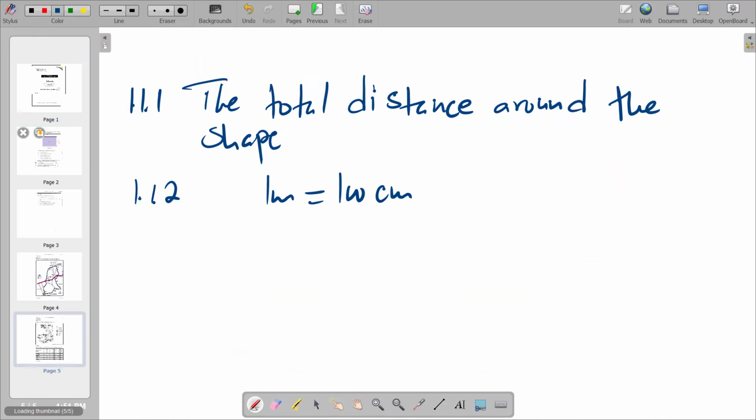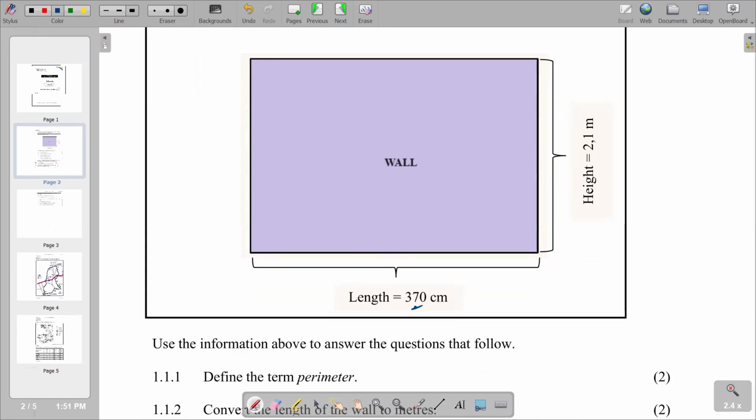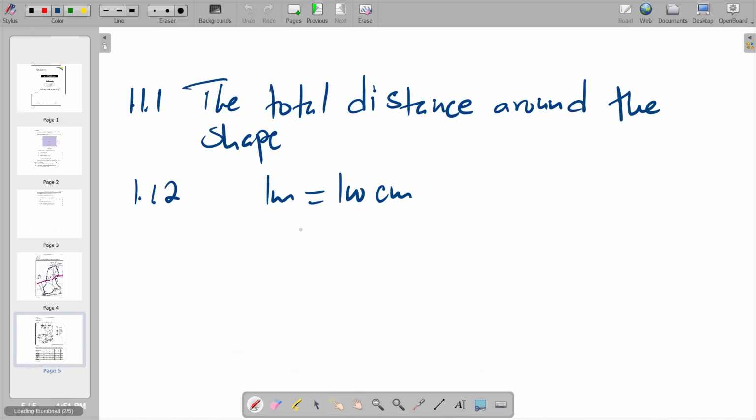We want to convert 370 centimeters to meters, so the meters is the missing value. So we can make our 370 the numerator: 370 centimeters over 100 centimeters times 1 meter.